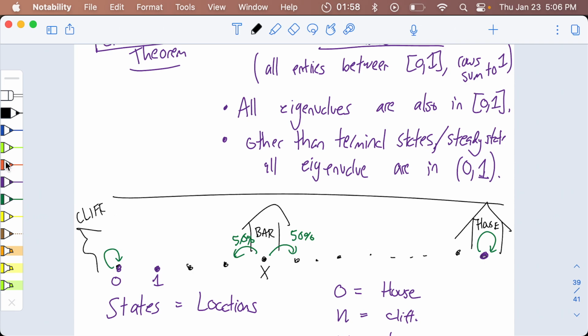I'm going to try to make the cliff 0 life points, and if you make it home, then you get one life point. And so if I give you a reward of 1 life point over there and a reward of 0 life points over here, and I just say, on average, how many life points do you get in total, that will be the probability of you making it there.